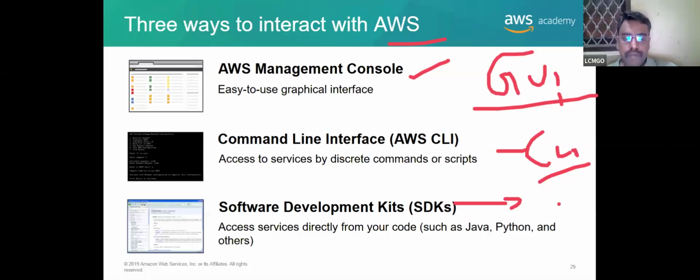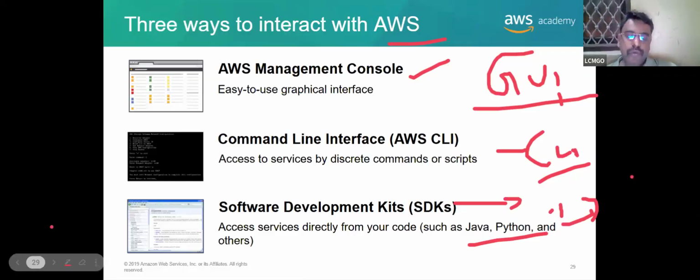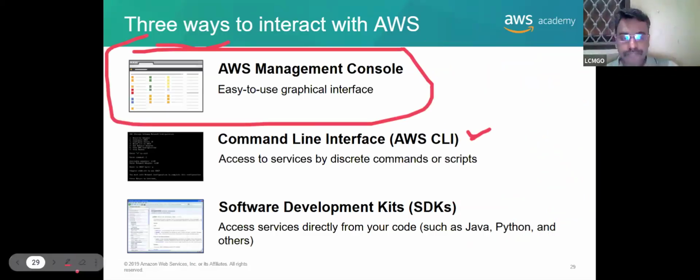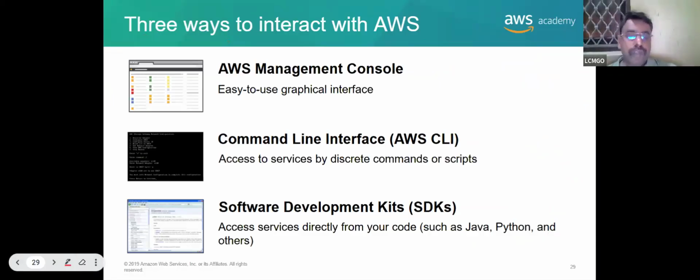So these are the 3 main ways we are going to interact with and use AWS. Mainly we'll be using only the Management Console. Command line interface is rare. When you deploy projects and those kinds of things, you'll come to know about that. There you need to write the commands. Mainly, like your Windows, we are going to use the Management Console only.